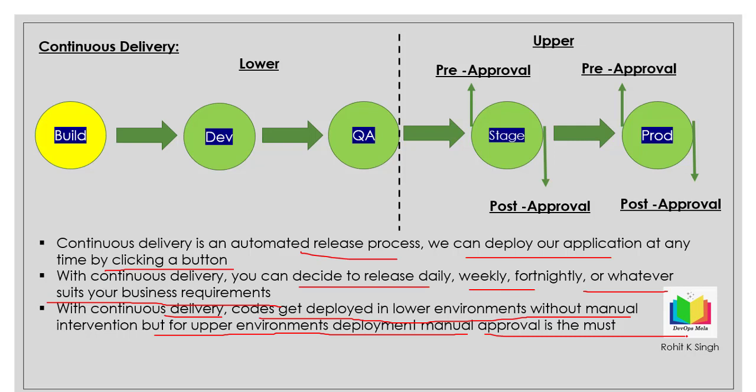Continuous delivery, in the real sense, is not following DevOps culture. DevOps is all about this: when you test your application, when you build your application, once your artifact is built, you are good to go. Your application should not break. That is what DevOps culture talks about.